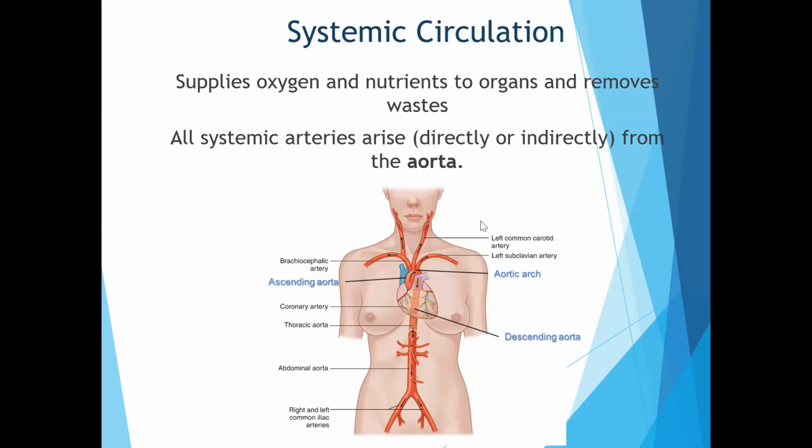And so all of our systemic arteries are going to arise, whether directly or indirectly, from the aorta. Our aorta actually has a few different parts. We have the ascending aorta, that's that first part. Where it loops here, that's your aortic arch. And then you have your descending aorta, which travels all the way down through here.